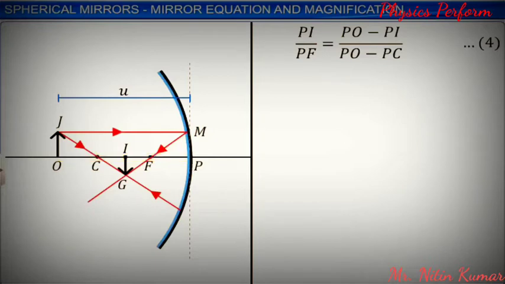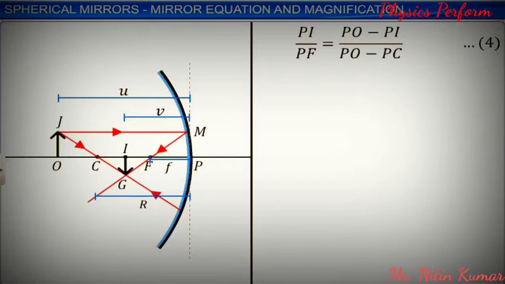Now we need to apply the Cartesian sign convention to substitute appropriate values for these terms. Note that the object is to the left of the mirror, and hence the light rays are incident on the mirror from left to right. Hence, the direction from left to right is to be taken as positive.